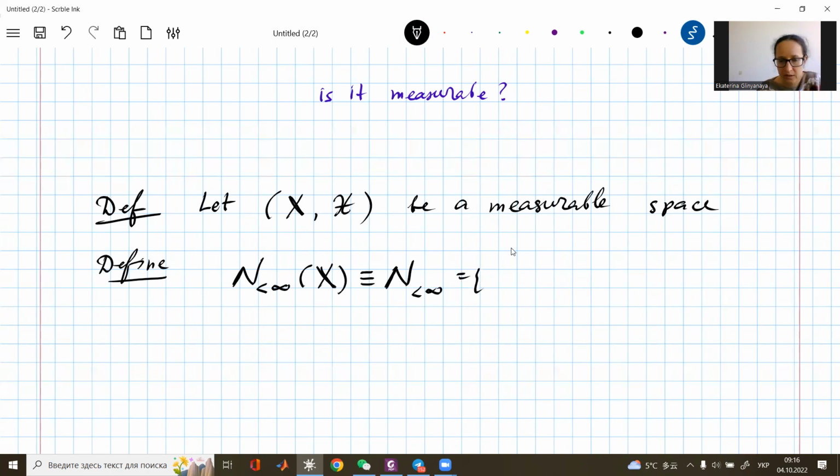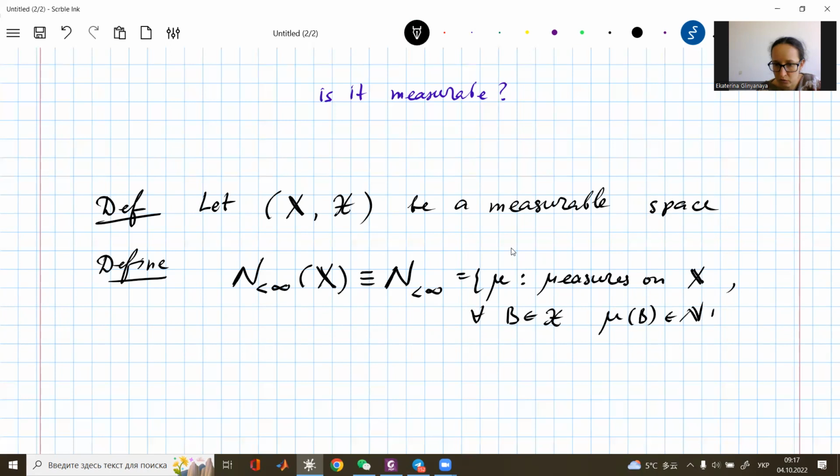So what is it? This is a set of measures mu on X. This means that these measures are defined on the sets of this sigma field, of course, such that for every set B in this sigma field, the value of mu on B is natural or 0.